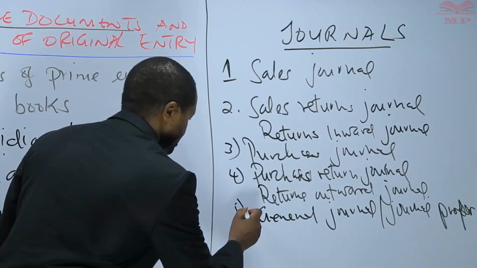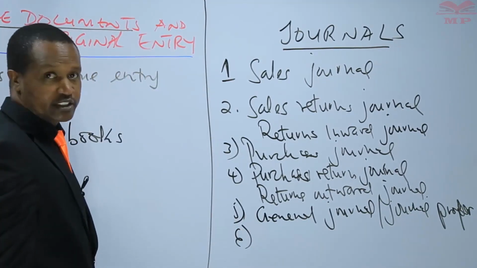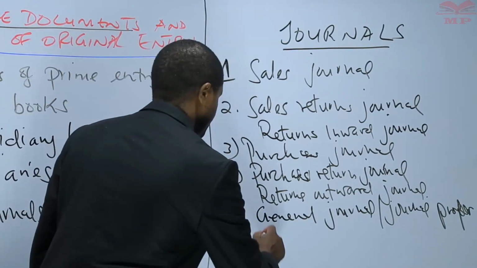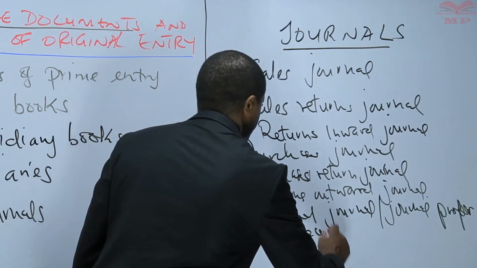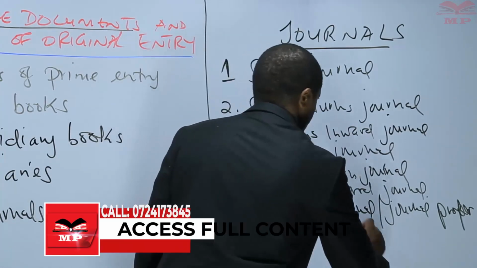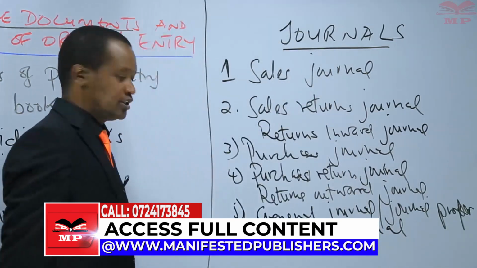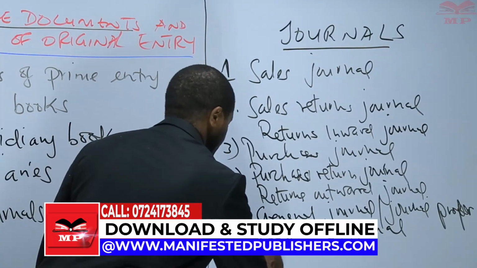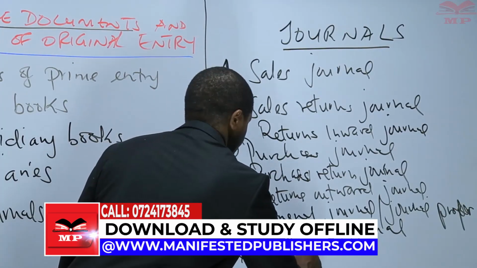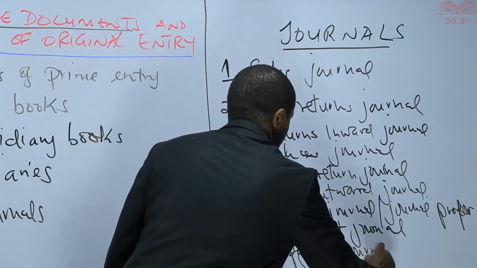Number six is the cash receipt journal. Related to the cash receipt journal, we have the cash payment journal.